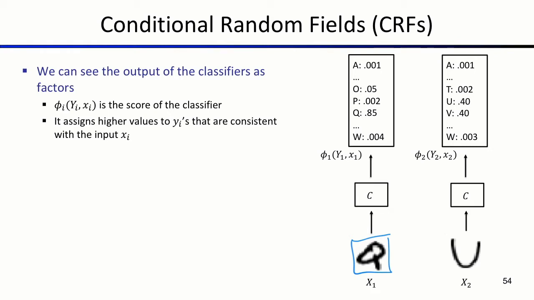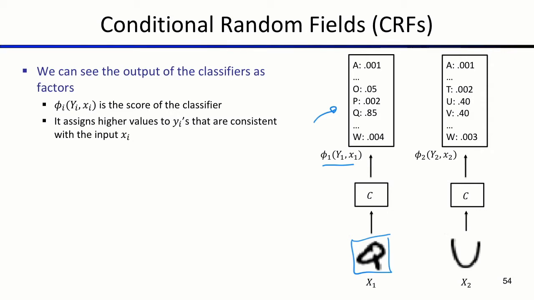So we can see this table here is a sort of factor, right? So we have a factor that I'm calling phi1 of y1 and x1. And the idea of this factor is to assign higher values to the labels that are consistent with the input image.